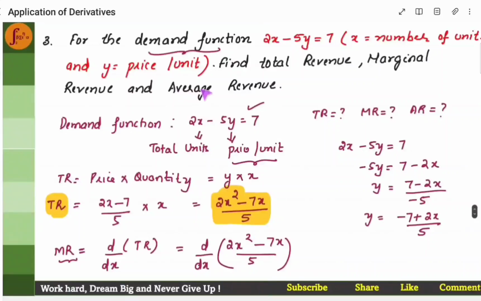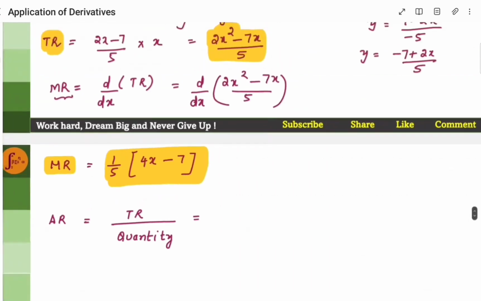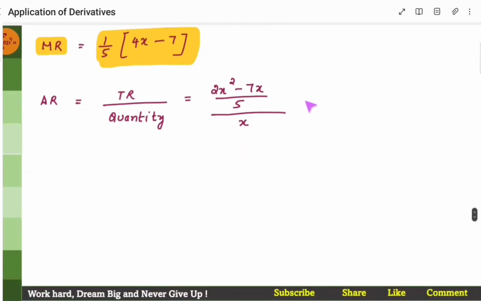What next? We need to find out average revenue. Average revenue is total revenue by quantity, right? Total revenue we have is 2x square minus 7x by 5 by quantity. What is quantity? X, right? So we can write this as, you can assume that there is 1 here. So when you shift it up, it's going to be reciprocal. It will be 5 into 1 by x.